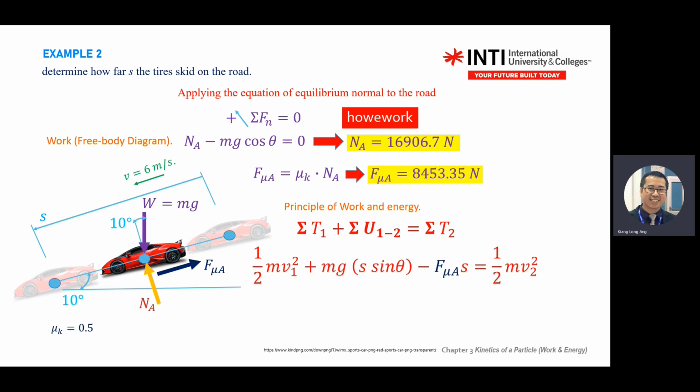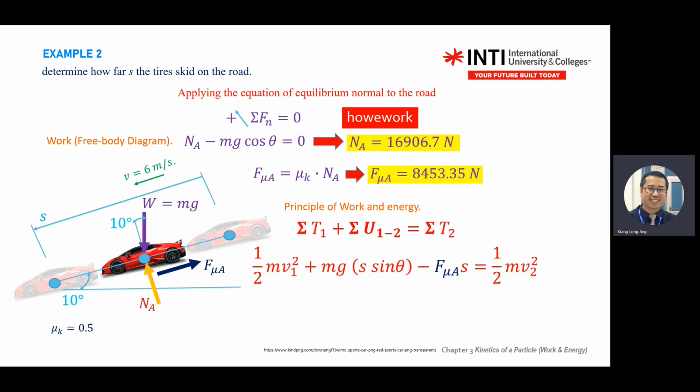Then you put in all the terms, you do it one by one. Kinetic energy at position 1 is half m v1 squared. Work, you have to be careful. Look at the free body diagram. All the forces will create work.